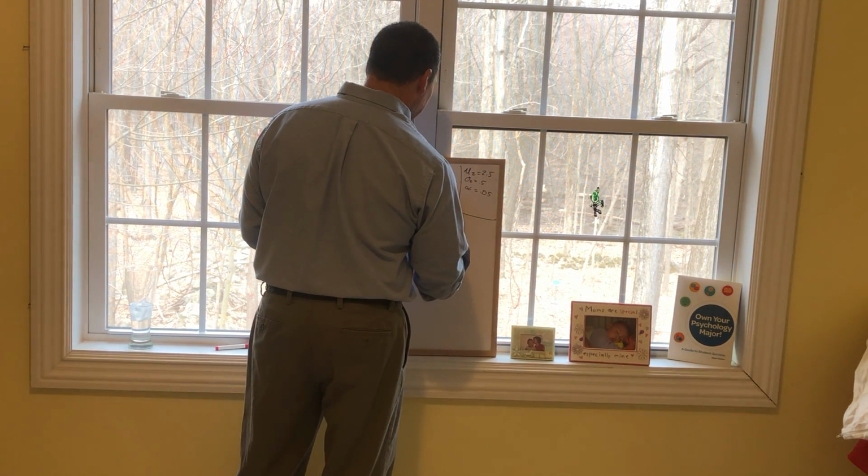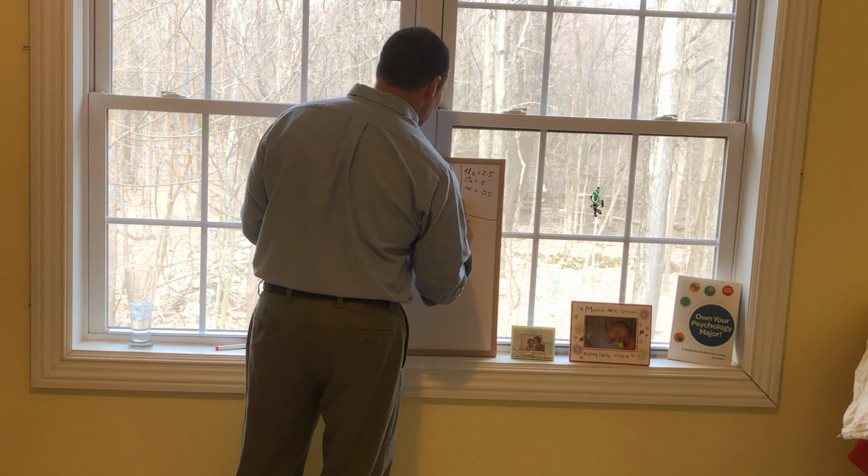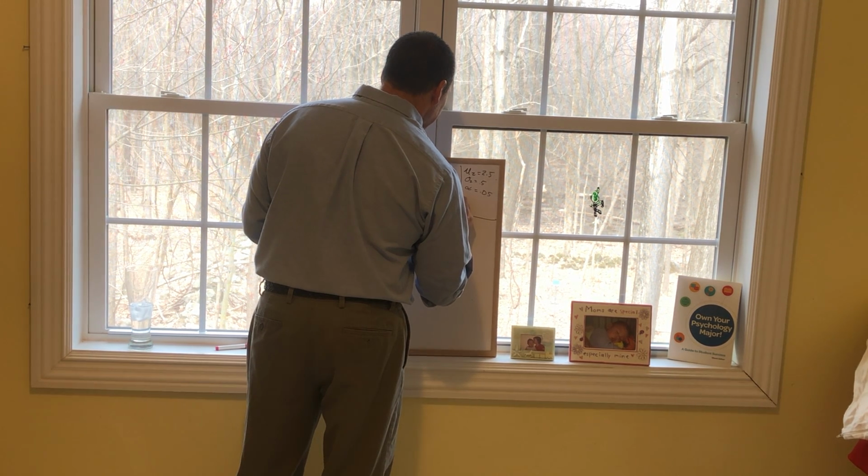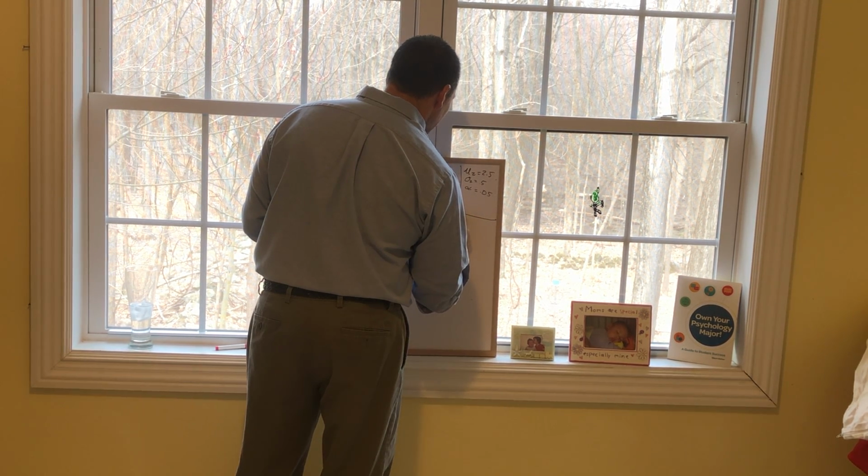Mu sub 1 is going to correspond to student athletes. And mu sub 2 is going to correspond to students in general.